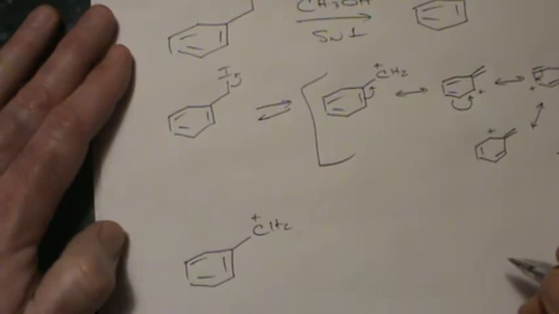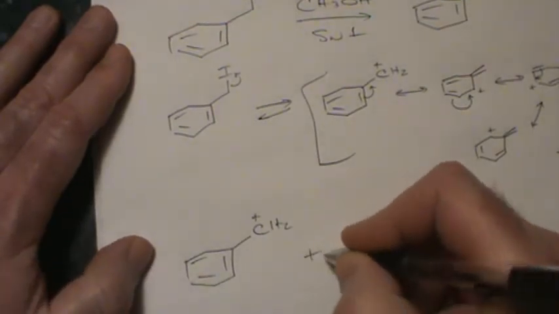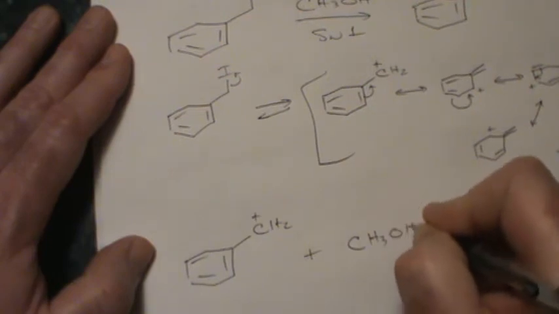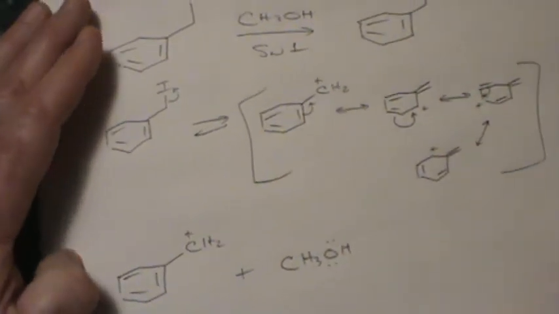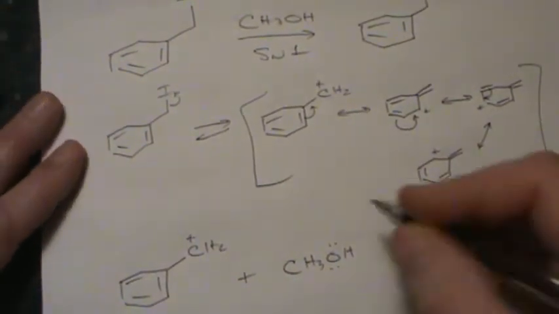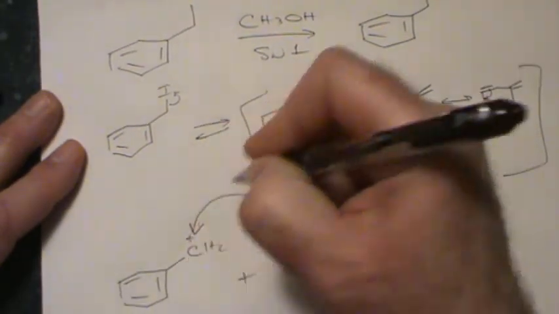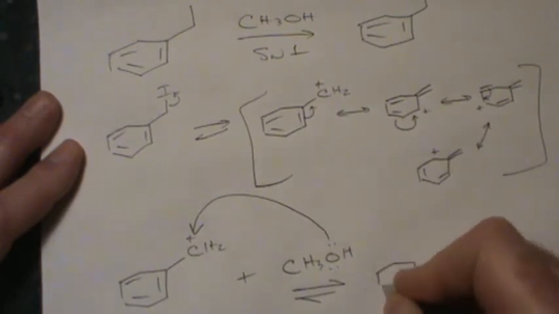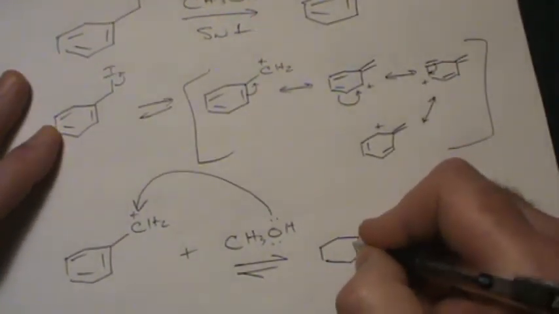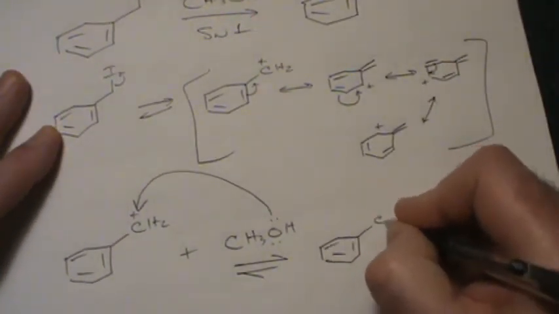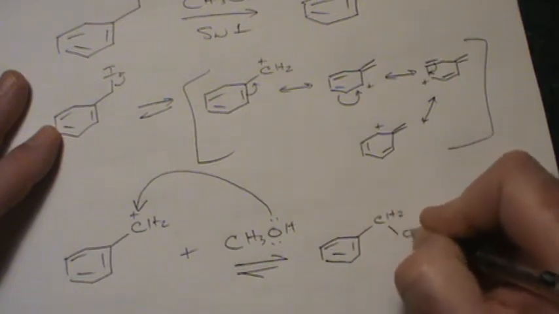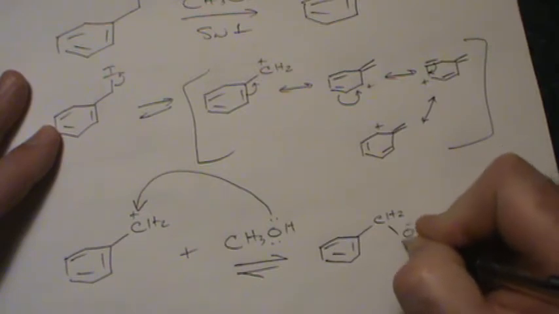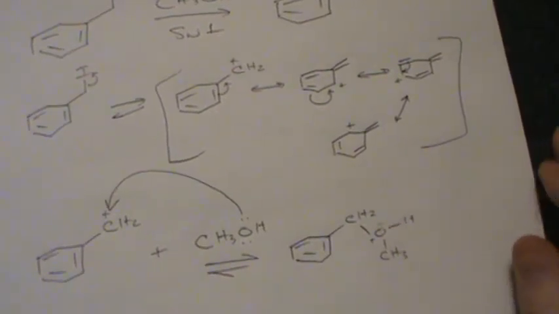Well, all that remains is for me to allow my benzylic cation to react with methanol. That's the solvent I've utilized in this reaction. And that will attack to give me, once again, initially an oxonium ion, which would look like this.